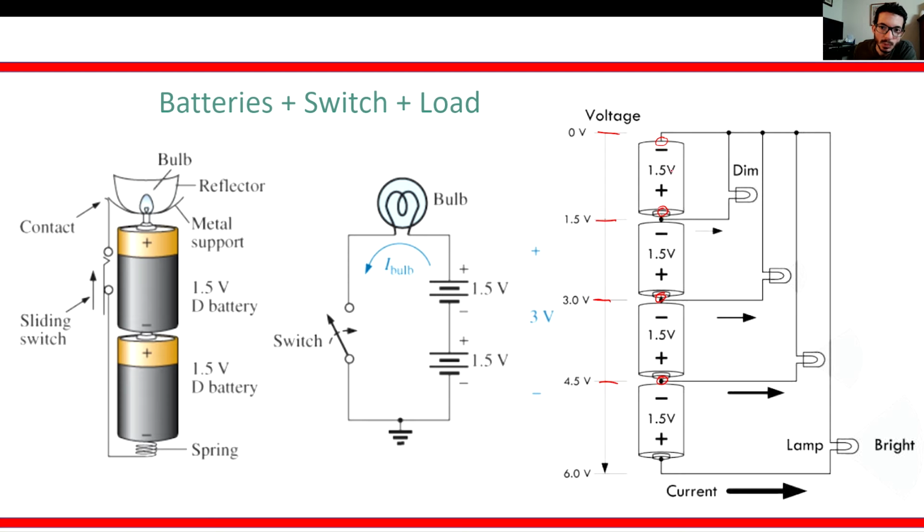So if each battery is 1.5 volts, which is a typical battery, and you connect four of them in series, then you have 1.5 times 4, which is 6 volts, right? Because 1.5 plus 1.5 is 3, then the third battery, 3 plus 1.5 is 4.5, plus 1.5 is 6 volts. So by having four batteries in series, you have a potential of 6 volts.